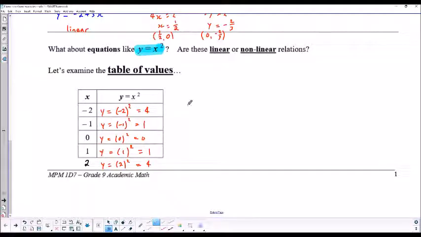Okay, so the points I'm going to be plotting on the grid on the next page, well, the x here is negative 2, so I'm going to be plotting the point (-2, 4). Then I plot the point (-1, 1). Then I'm going to plot the point (0, 0). And then (1, 1). And then here (2, 4). Okay, so on the next page, I'm going to plot these points. So follow along, please.